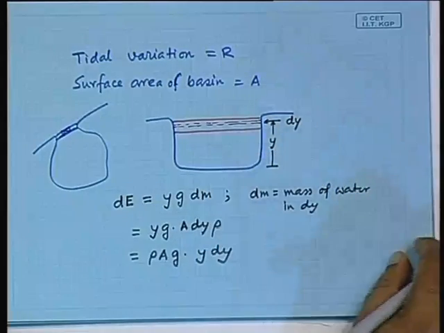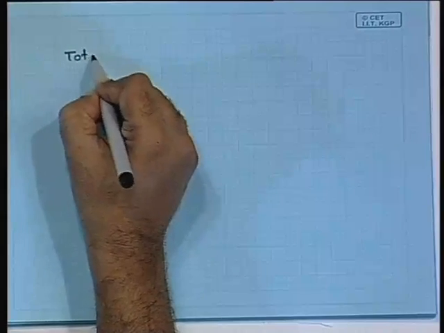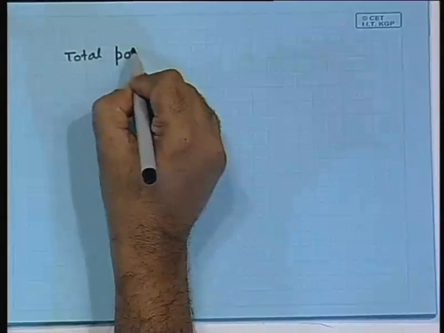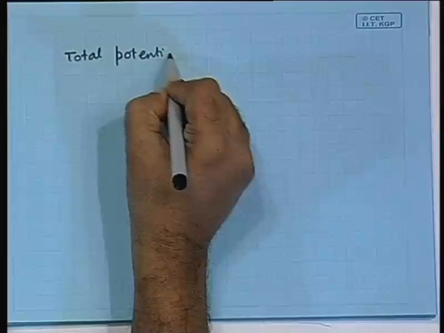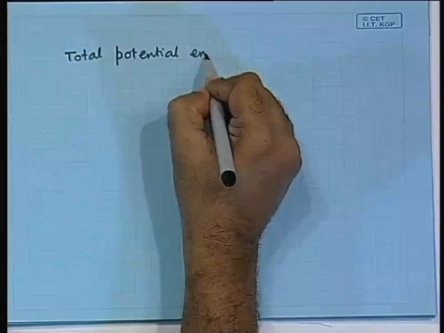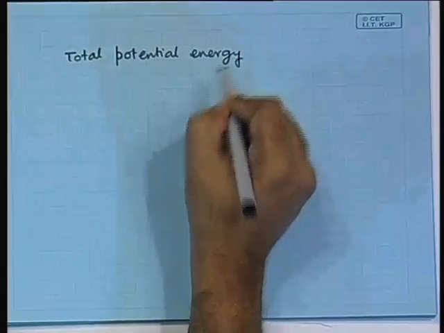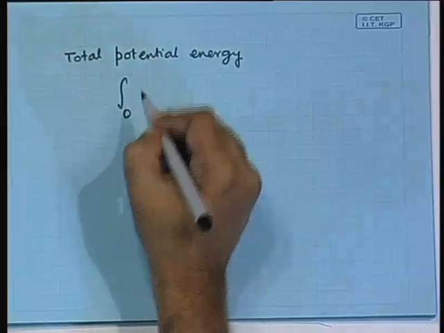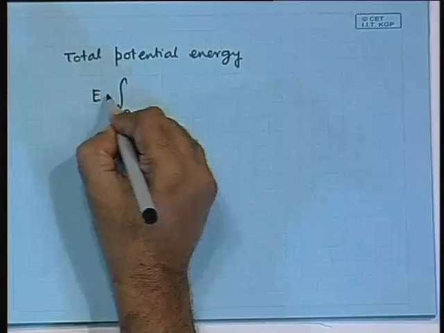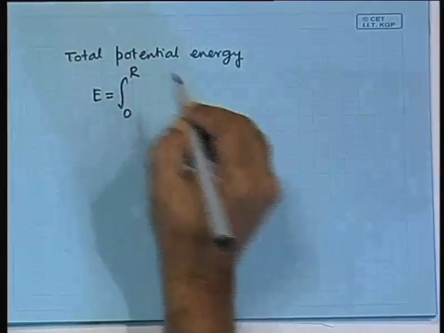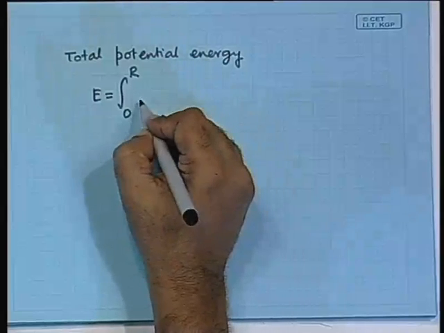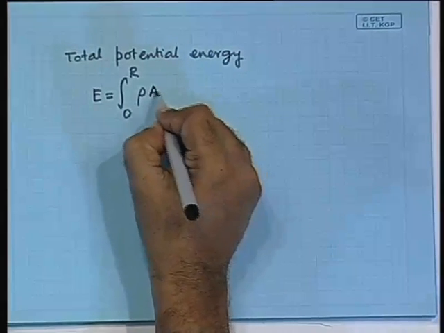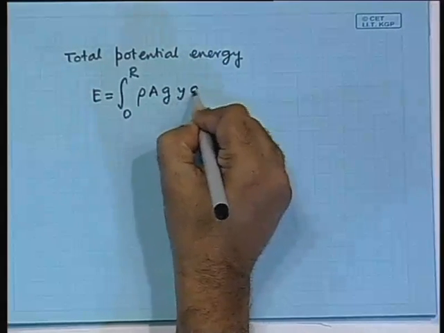So, the total amount of energy available is E, the integral from 0 to R of rho A g y dy.